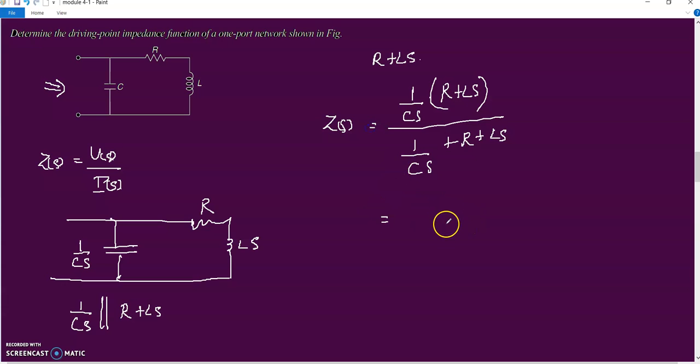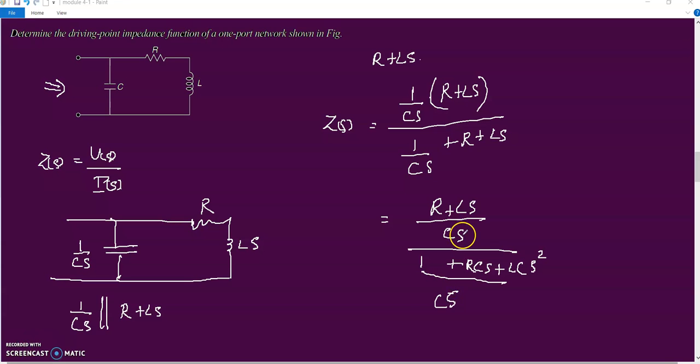Now we can solve it. R plus Ls by Cs divided by 1 plus RCS plus LCS square by Cs. The Cs terms will get cancelled. So we can write R plus Ls divided by 1 plus RCS plus LCS square.